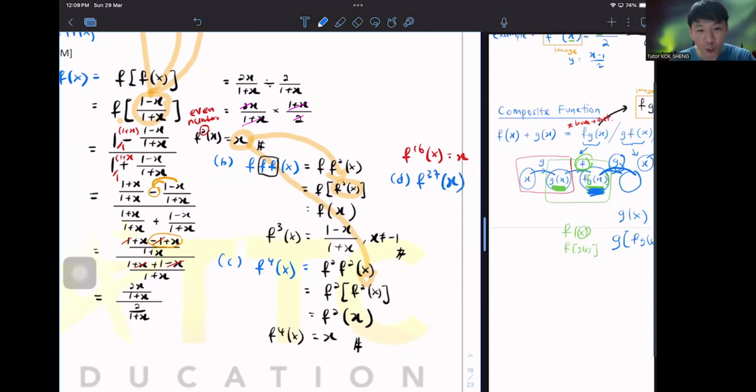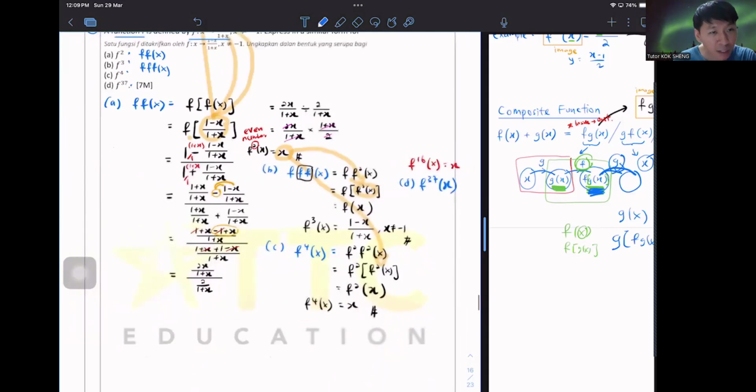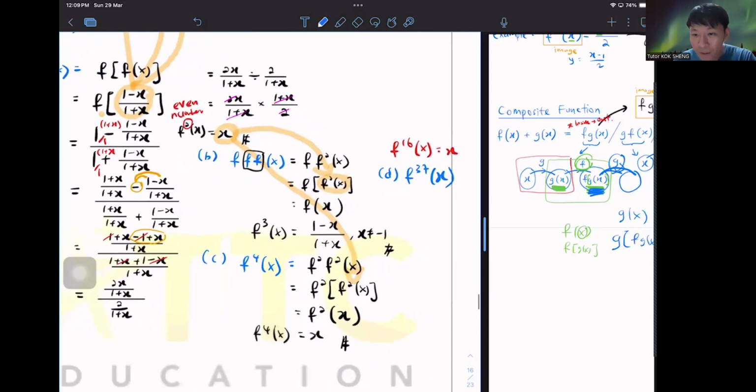So now for F37, is it 37? Yeah, 37. So for F37, I think we can proceed. We find this answer already. For F37, no need to go through so many F2 or F3 or F4. We can make it simple. We know that even number power for this question is all equal to X, right?